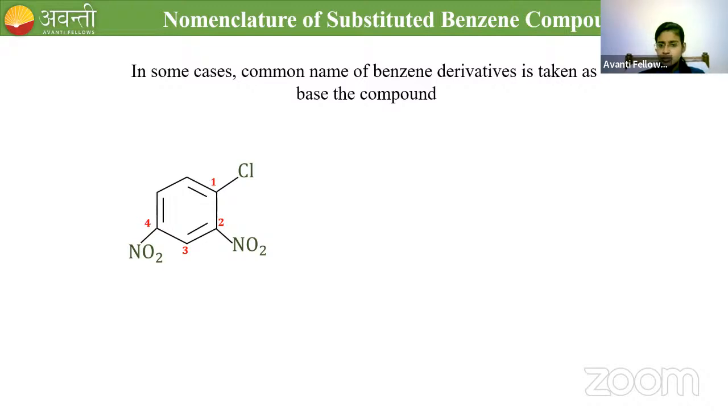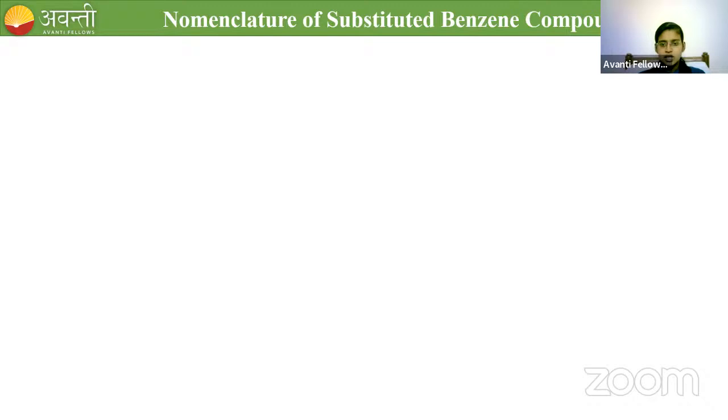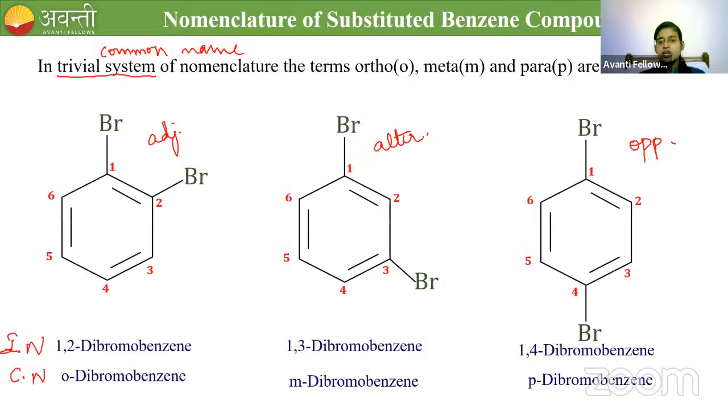Ortho dibromo means, Pragati, it is adjacent. You cannot number it as 1, 6, right? How will you number it as 1, 6? Just now I have told that we have to follow the locant rule. According to the locant rule, the substituent attached carbon should get the lowest number.